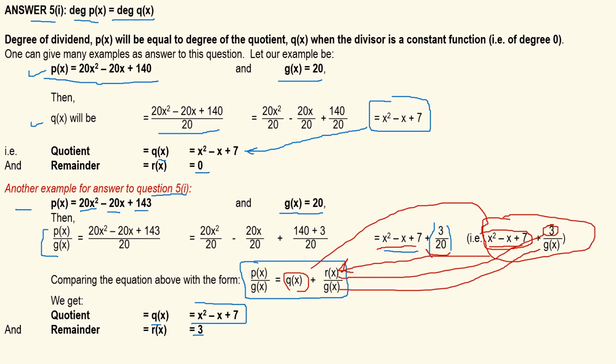And therefore for this part 1 of question 5, we have found the quotient, we have found the remainder, we already gave an example of p, and we gave the g. So now we have solved this part.